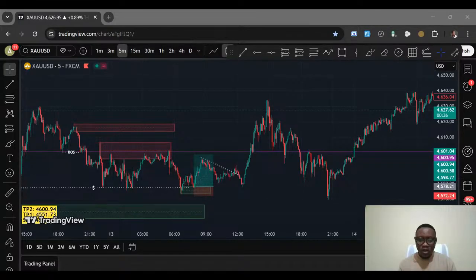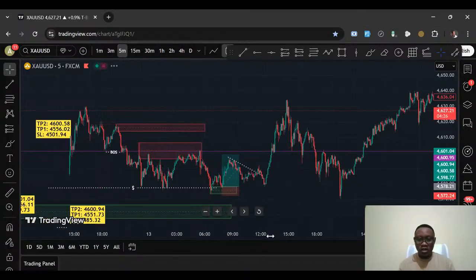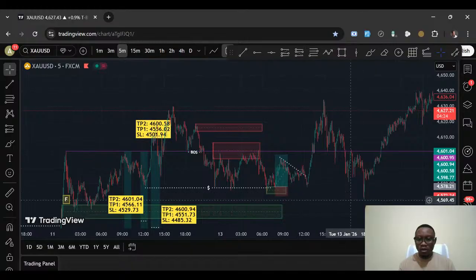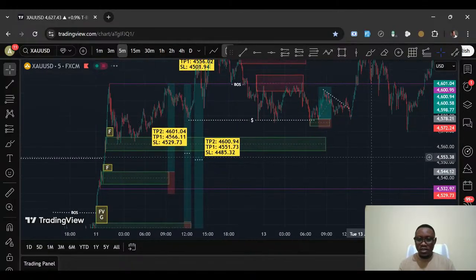I'll start with a quick recap of what the market has been doing since our last session. We'll look at the previous zones we marked out in our last session and what price actually did around those zones. Okay, let's head to the chart. So this is what we did in our last session.